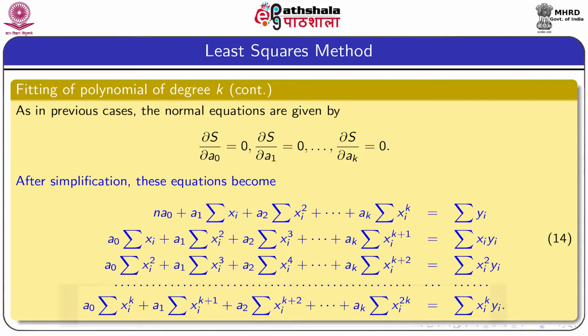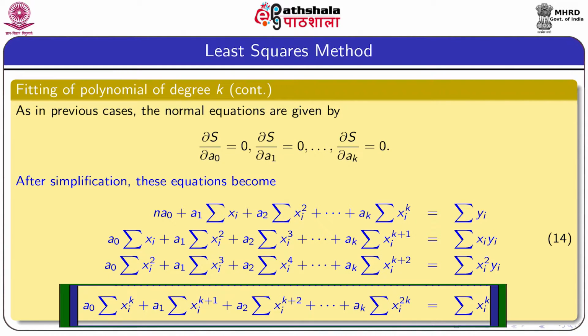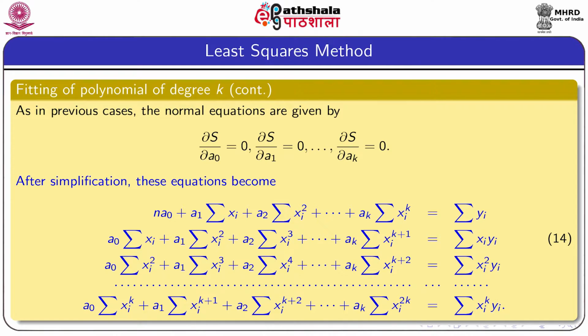And finally, the (k+1)th equation is a0 Σxi^k + a1 Σxi^(k+1) + ... + ak Σxi^(2k) = Σxi^k yi. So, this is a set of k+1 linear equations containing k+1 unknowns a0, a1 up to ak.